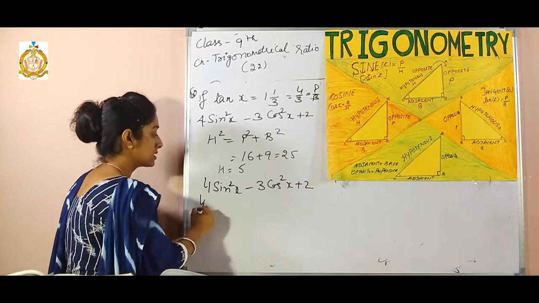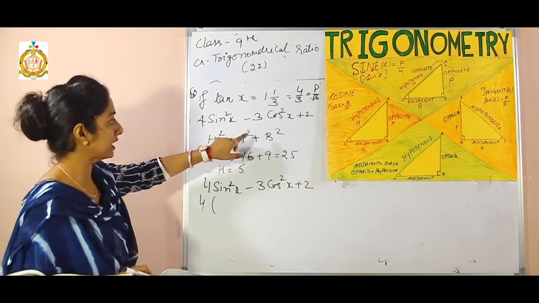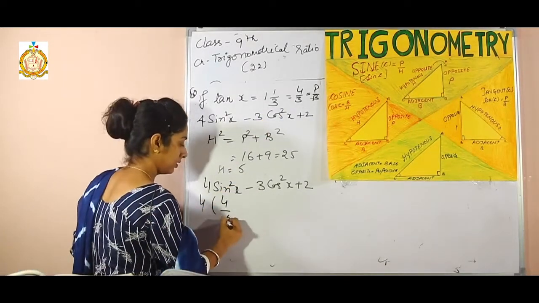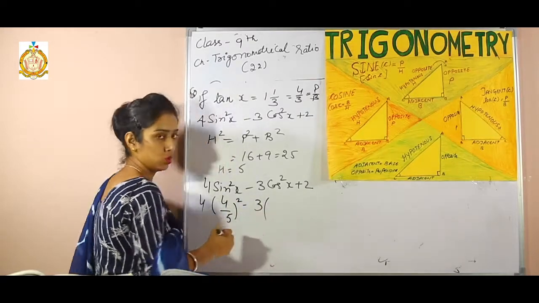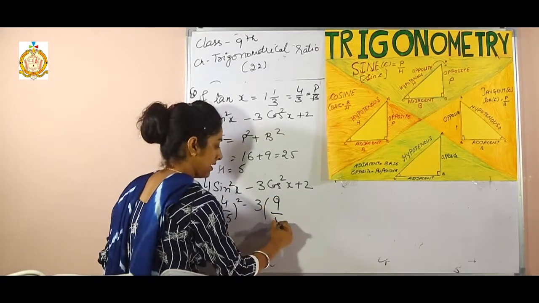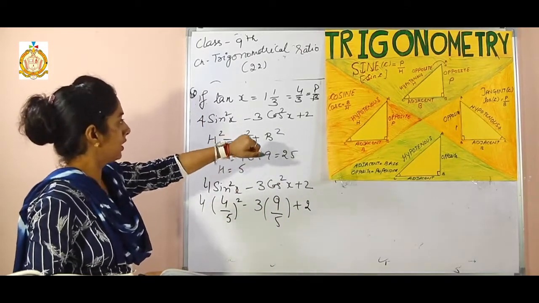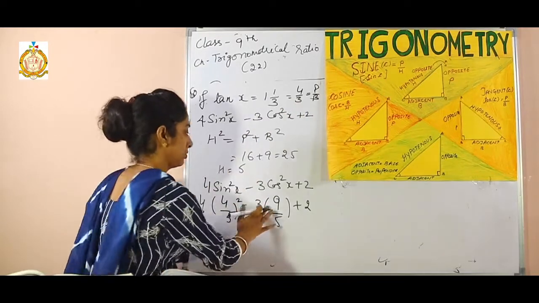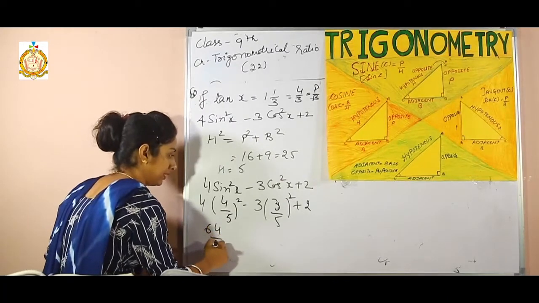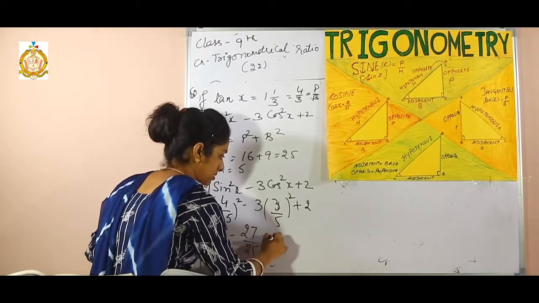Now 4 sine square x. Sine is what? P over H. Where is P? P is 4. And what is H? H is 5, whole square. Minus 3 into cos. Cos is B over H. Now what is B? B is 3 and H is 5. 3 3s are 9, right, now, 64 over 25, minus 27 over 25 plus 2.